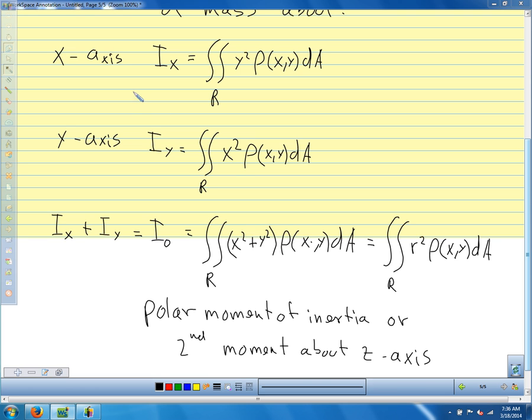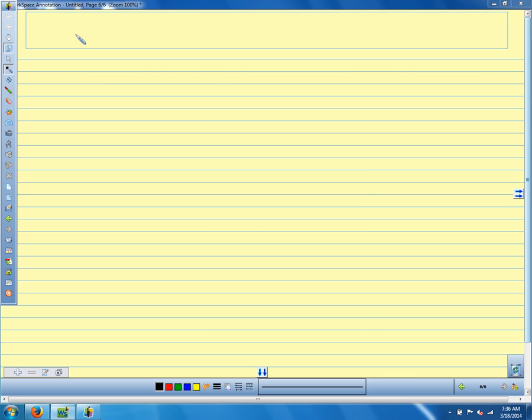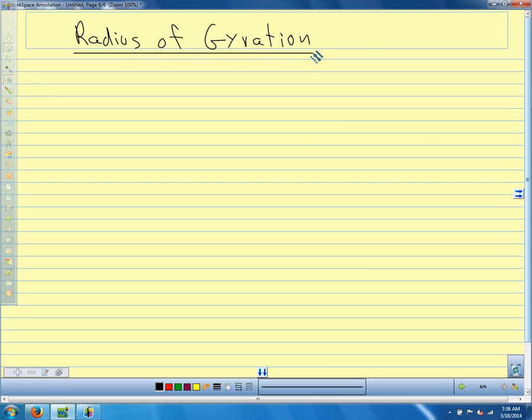So the radius of gyration is the quantity that's analogous to the center of mass that has to do with the second moment. So let's define our radius of gyration. Our radius of gyration, with the double bar, is the square root of our moment of inertia divided by m.